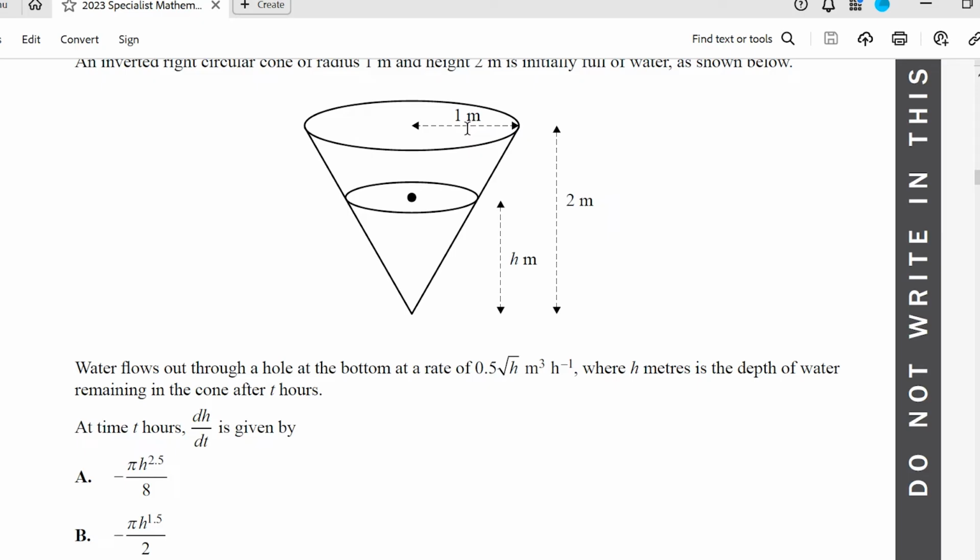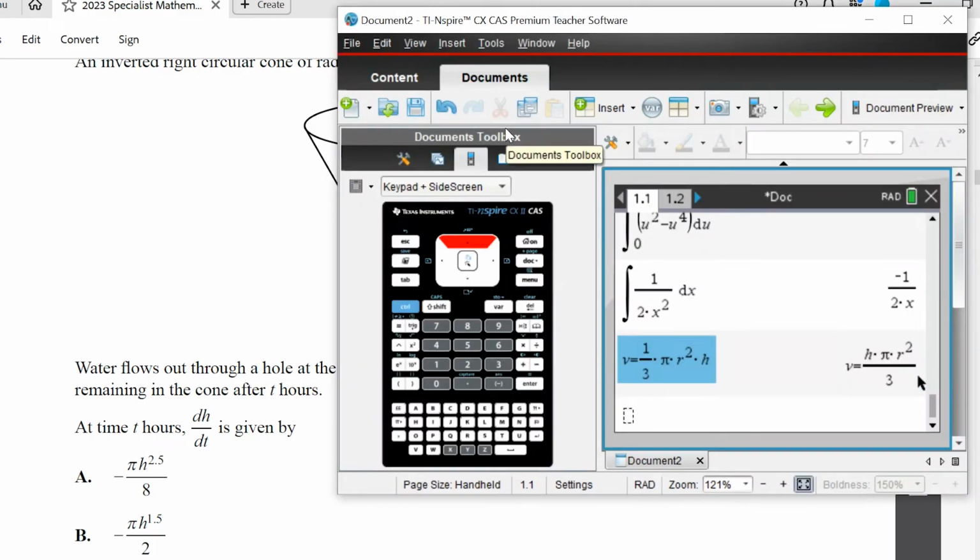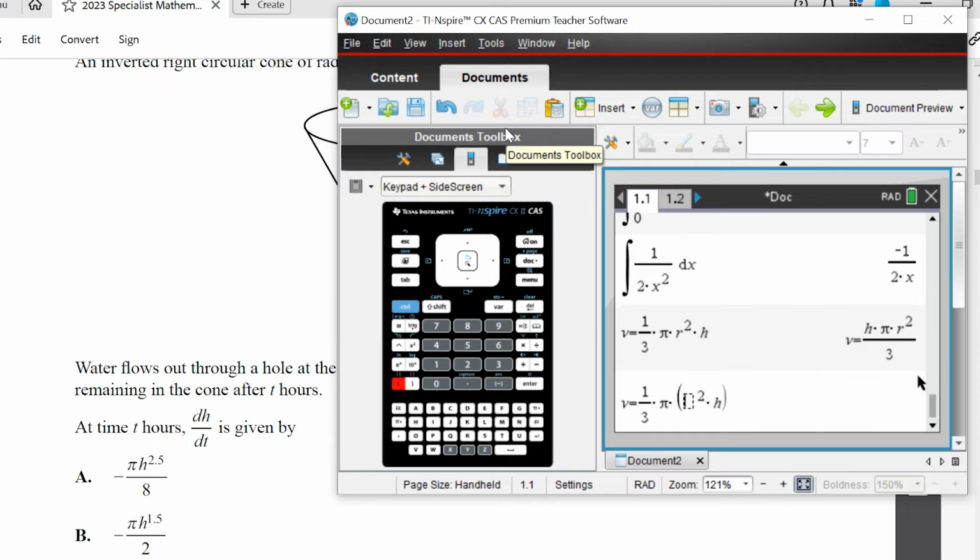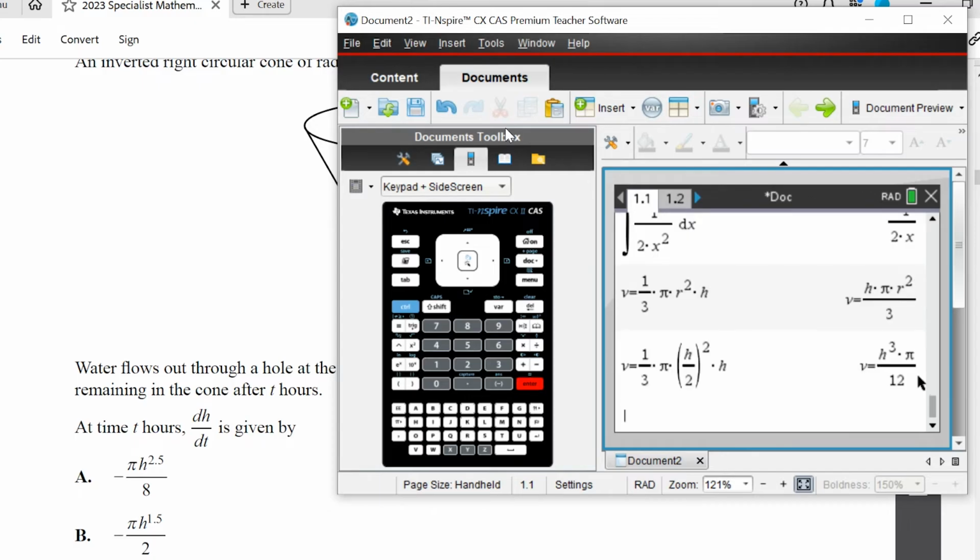So the radius is going to be half the height, okay? Because wherever I am, I'm always going to be similar to this big triangle here, which has a height of 2 and a base length of 1. So if I replace that r now with h over 2, this is my volume in terms of h.